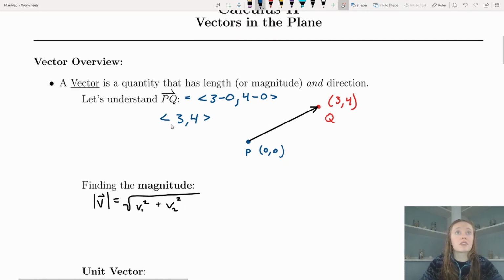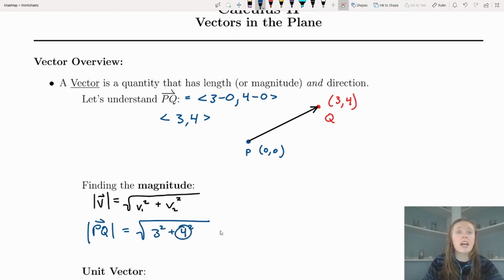So if we're dealing with vector PQ, the magnitude of vector PQ is the square root of 3 squared plus 4 squared. So you can see there's my first component and my second component of the vector. So that's the square root of 9 plus 16, which is the square root of 25. So 5 is the length of that vector.